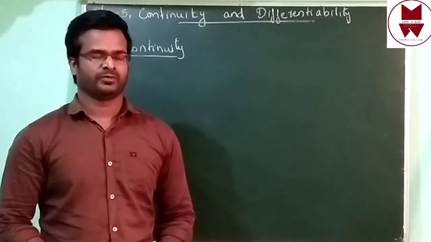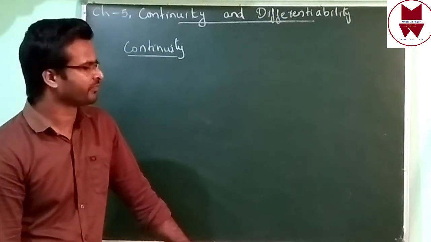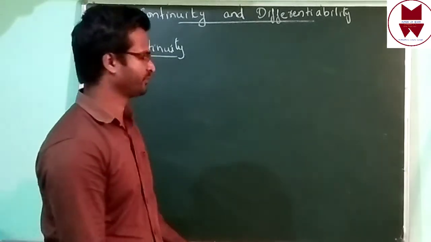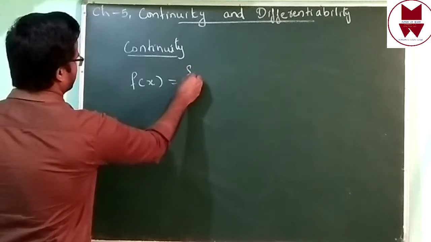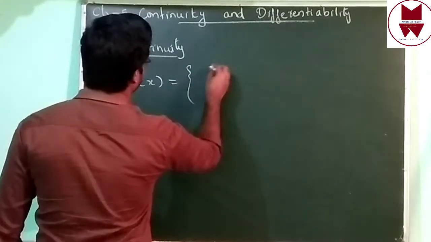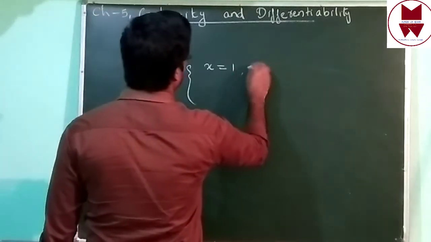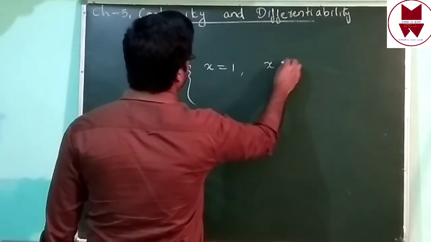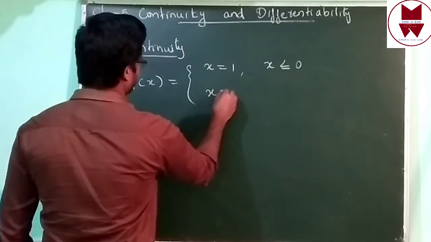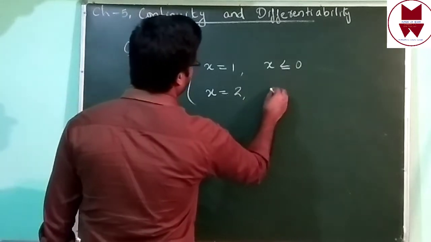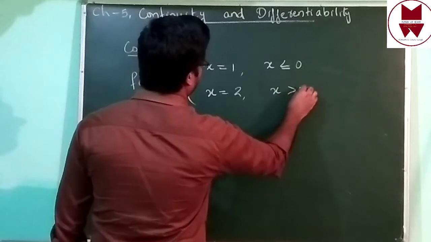Continuity. When can we say one function is continuous? We can see one example. One function f of x equal to 1, x less than or equal to 0, and 2, x greater than 0.